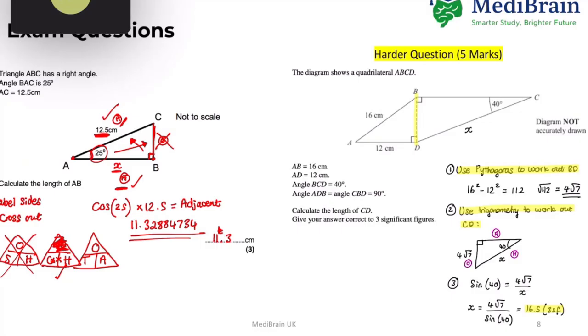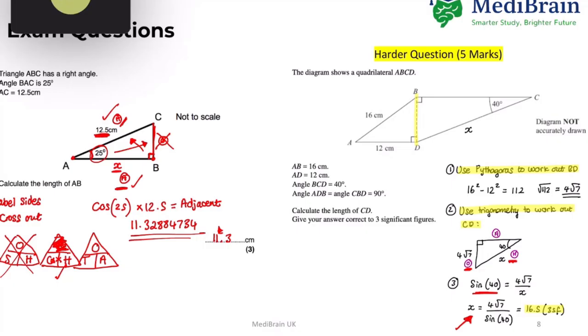So we need to use sine because we're given O and we're given H. So we've got sine 40 equals 4 root 7 over X because it's over H and H is X. So you rearrange it to get that X is equal to 4 root 7 over sine 40, and that would get you 16.5 to 3 significant figures.